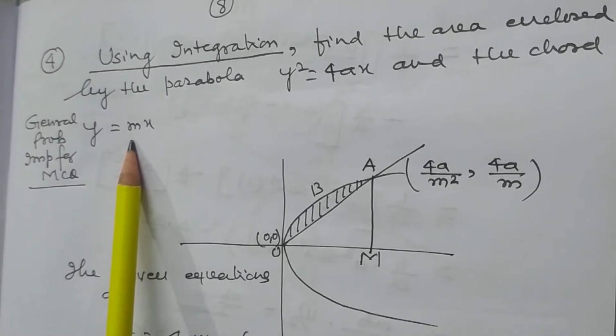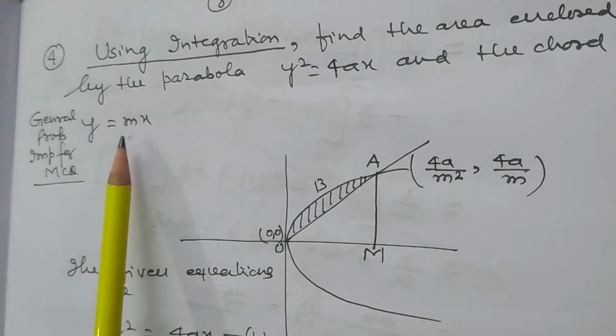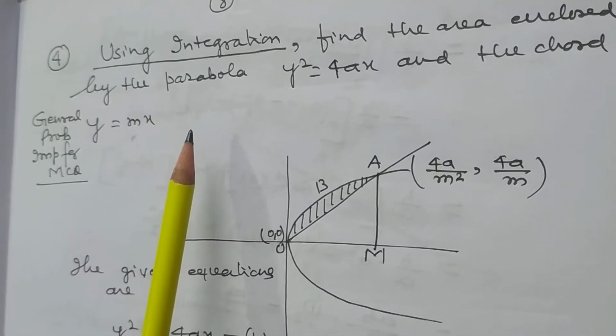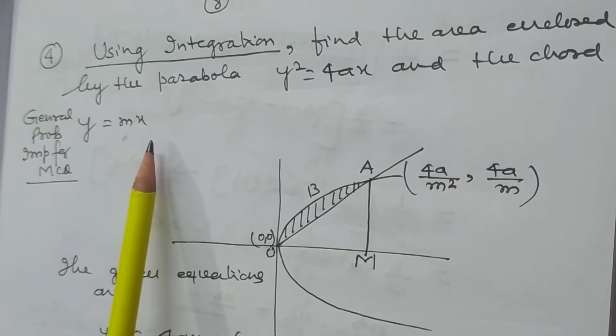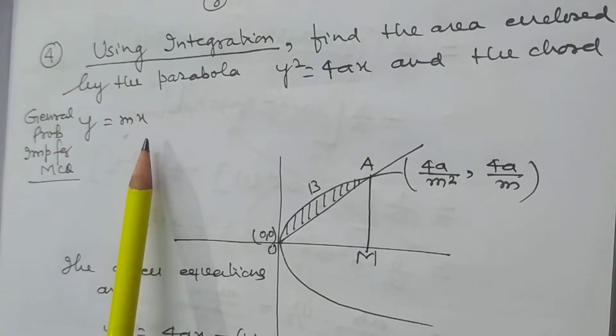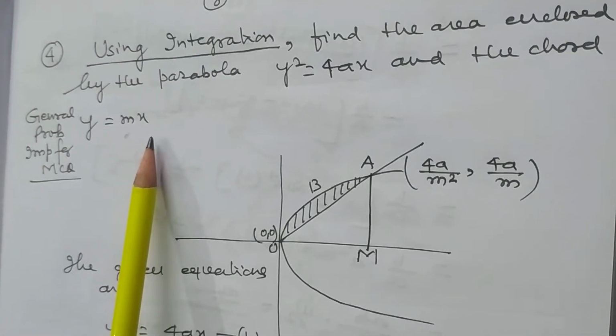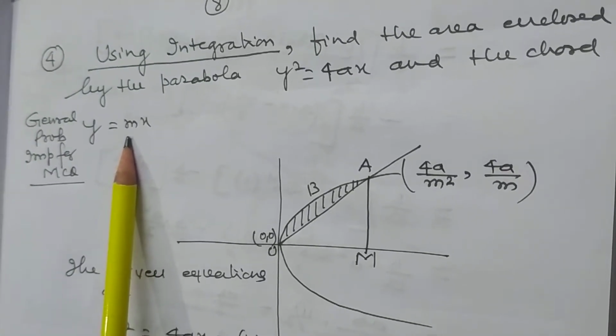So you must remember the result of the general formula. By remembering the result of the general formula, you can put the particular value of m and you can get different results.